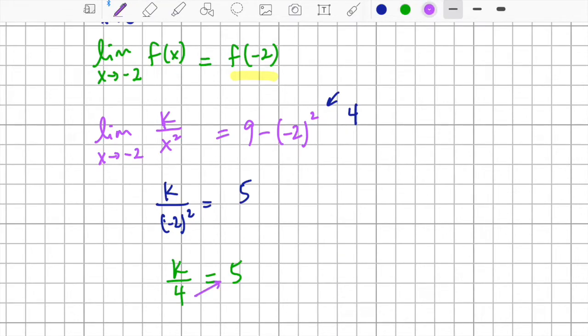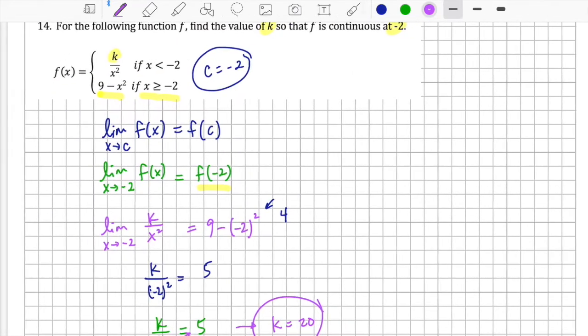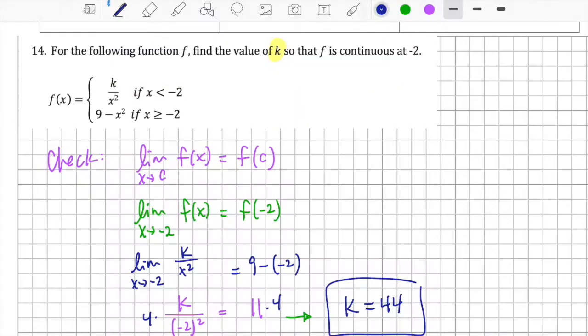And the last thing we need to do is just to cross multiply. Imagine this one having a 1, so it doesn't really matter. K times 1 is just k. So that means that k is going to be 4 times 5, 20. So that value of k will make that function continuous at negative 2.